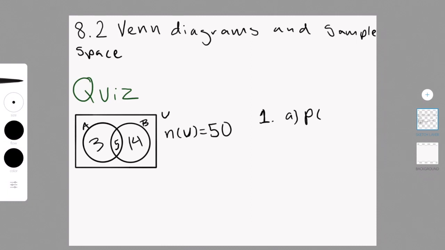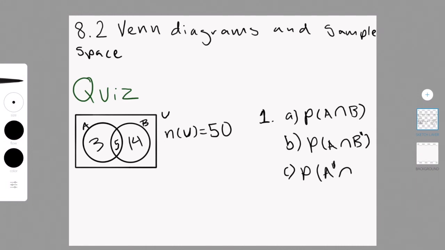Question 1: A, find the probability of people who take chemistry and biology. B, find the probability of people who take chemistry and not biology. C, find the probability of people who take neither, and D, find the probability of people who take chemistry or biology.